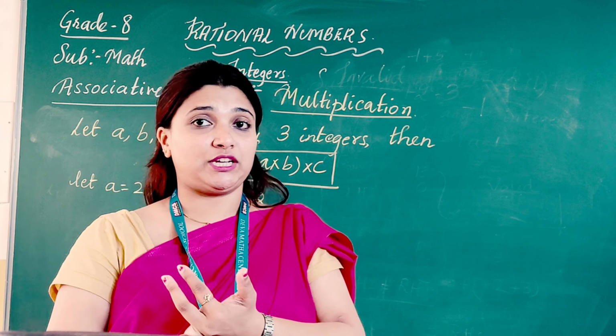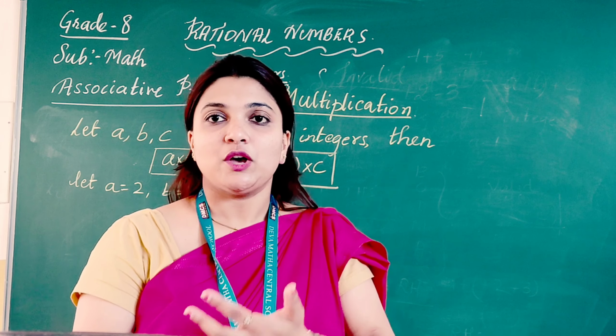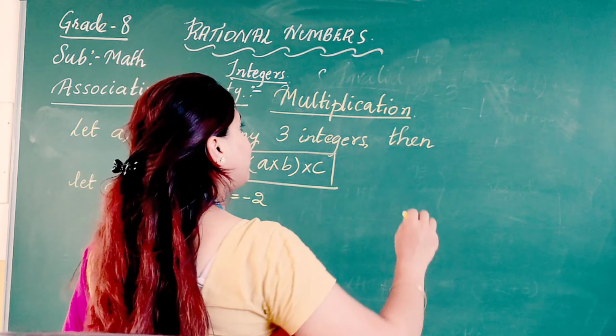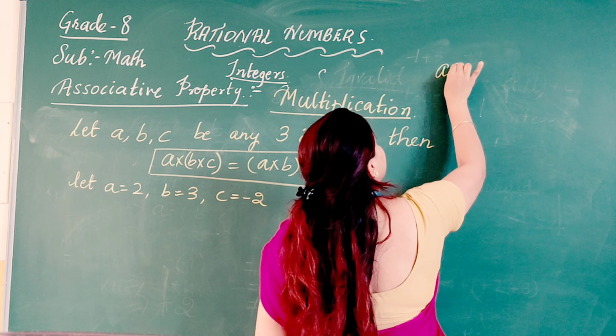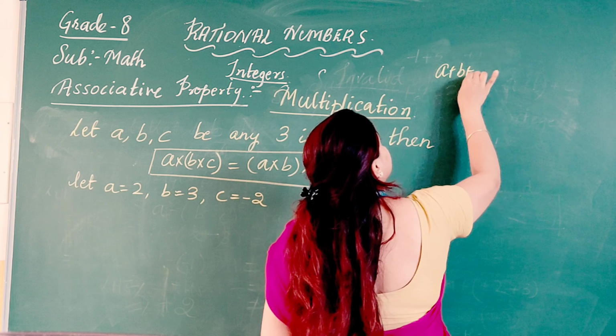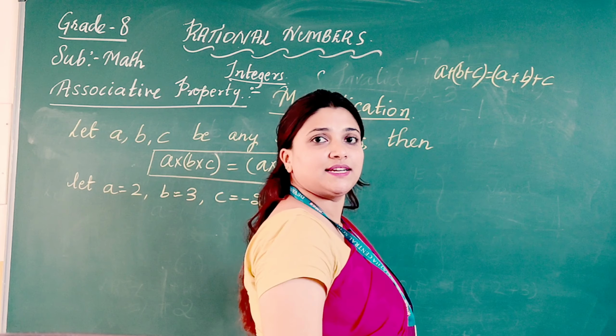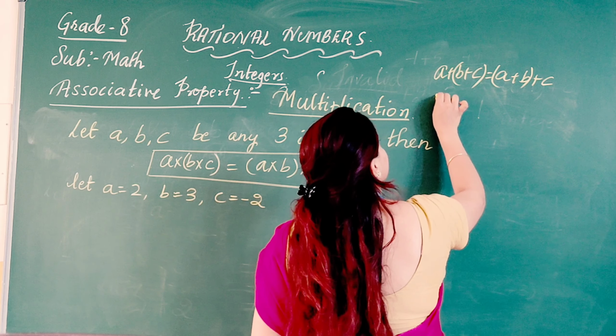When I studied it, what was my formula? The formula was A plus B plus C is equal to A plus B plus C, where I put a bracket on the first two, and on the last two, and then here I put one more bracket, correct? So that was addition. Now subtraction was the same.